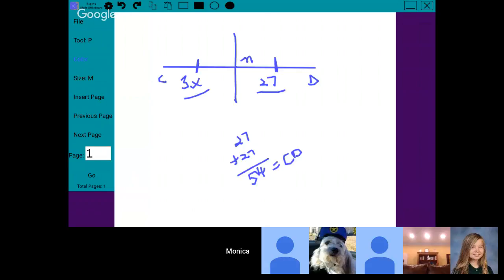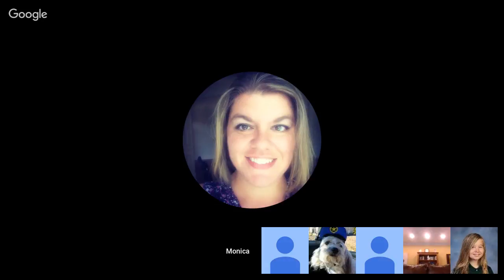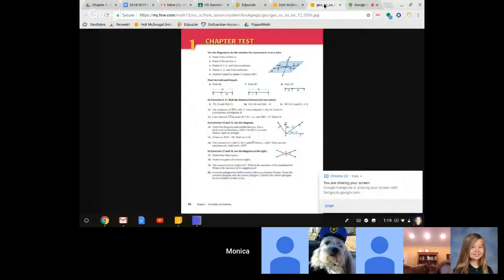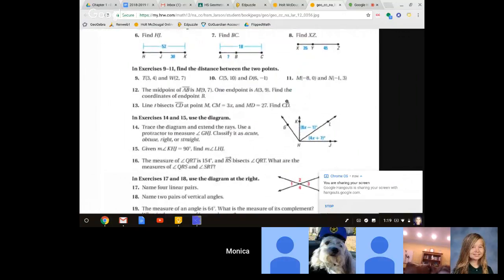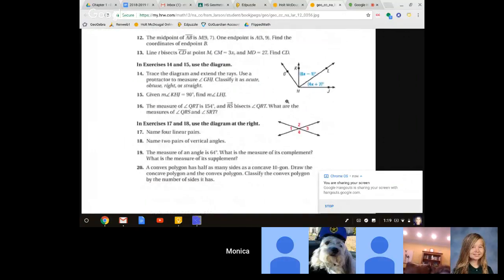Okay, number 17 on the chapter test says, name 4 linear pairs. Okay, can you see the chapter test on the screen? Yes. Okay, so you remember the definition of a linear pair?